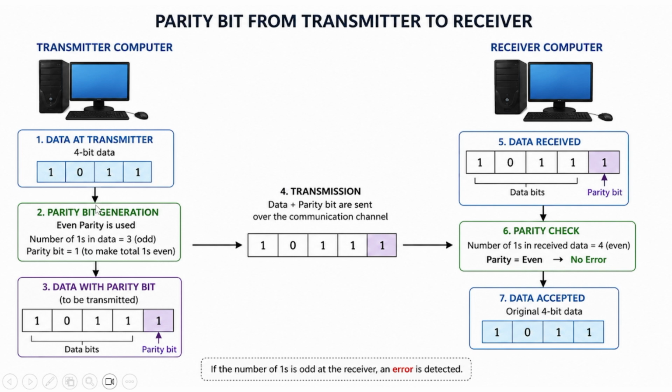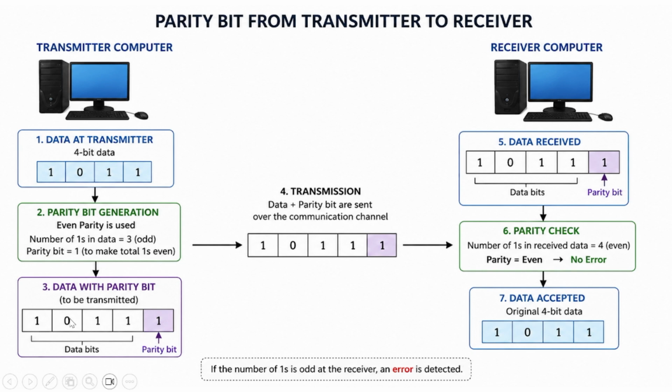We generate the parity bit for even parity. The data 1011 has 3 ones, so it is odd. In the third step, data with parity bit: if you want to transmit through even parity, the extra parity bit should be 1.